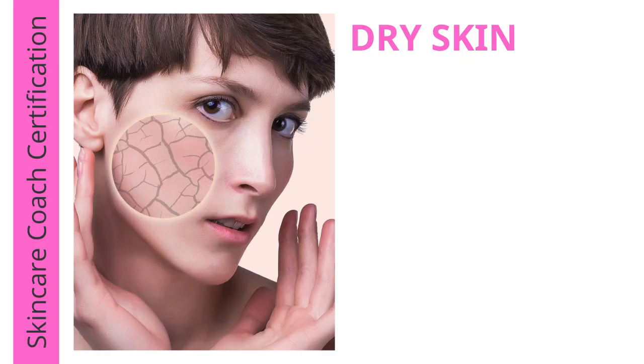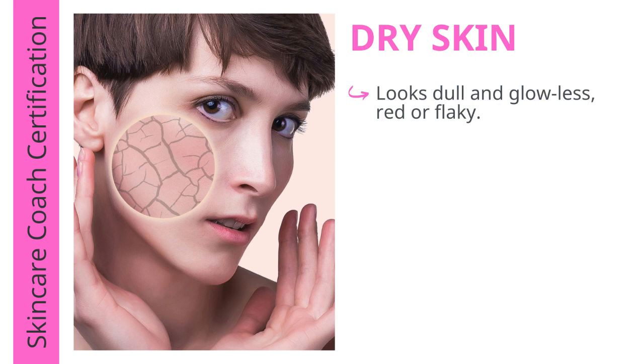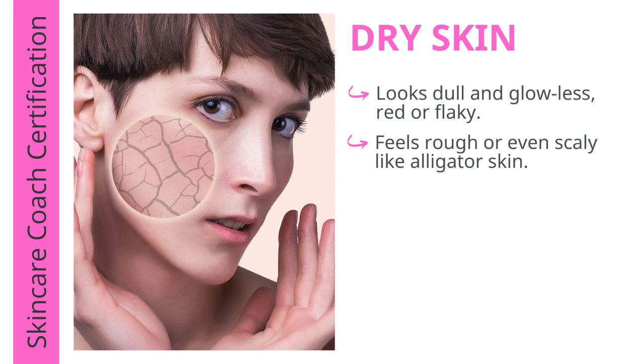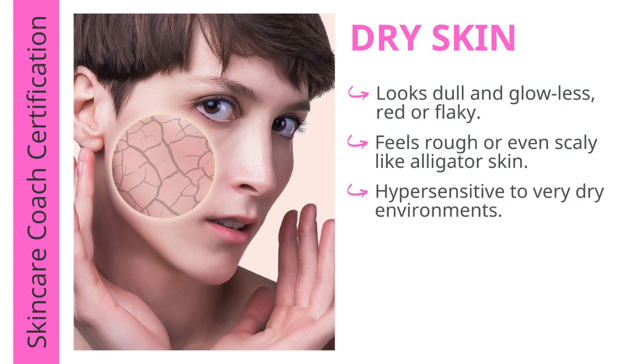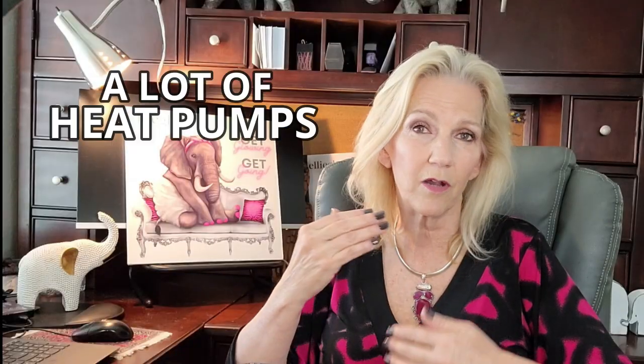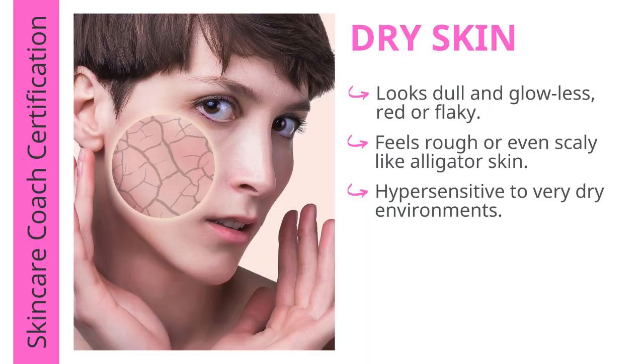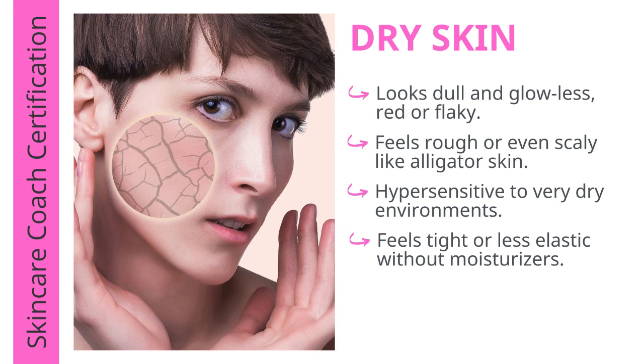Dry skin typically looks dull and glowless, and it sometimes also appears to be red or flaky. It may appear rough or actually scaly and look like alligator skin in some areas of the body. It is hypersensitive to dry conditions like deserts and a lot of heat pumps or air conditioning. Dry skin often feels tight or less elastic without moisturizers.